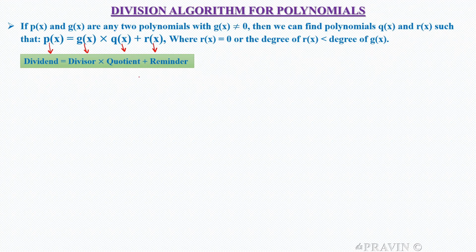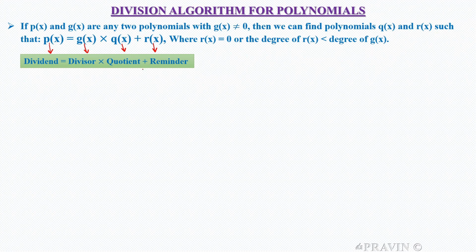You also know that a cubic polynomial has at most 3 zeros. However, if you are given only 1 zero, can you find the other two? The answer is yes. With the help of this division algorithm for polynomials, you can find the other two zeros.